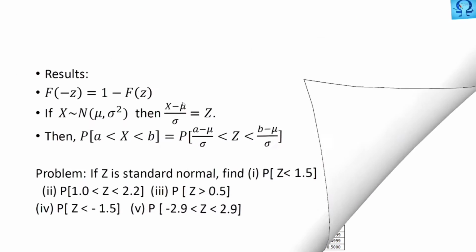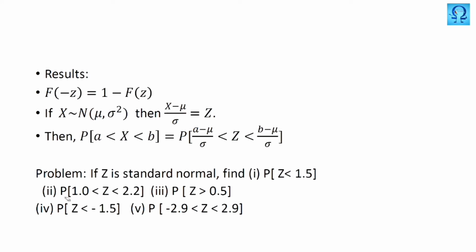Okay, moving further, next we are asked to calculate the probability from 1 to 2.2. Here what we can do is first find the probability of this one minus the probability of this one. Suppose we are using only a one-sided table.